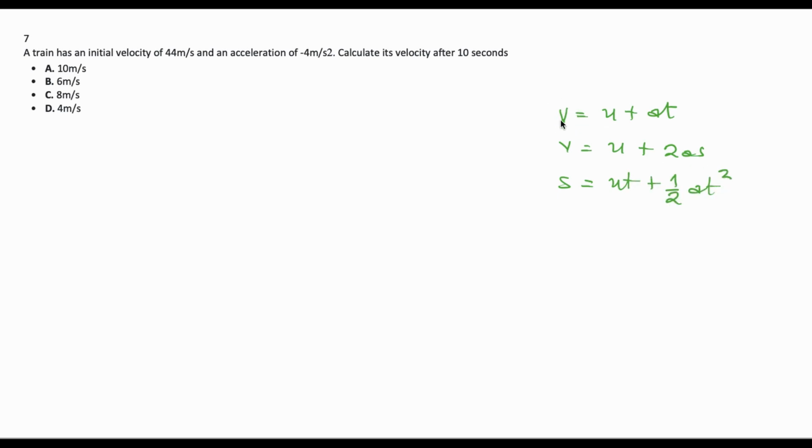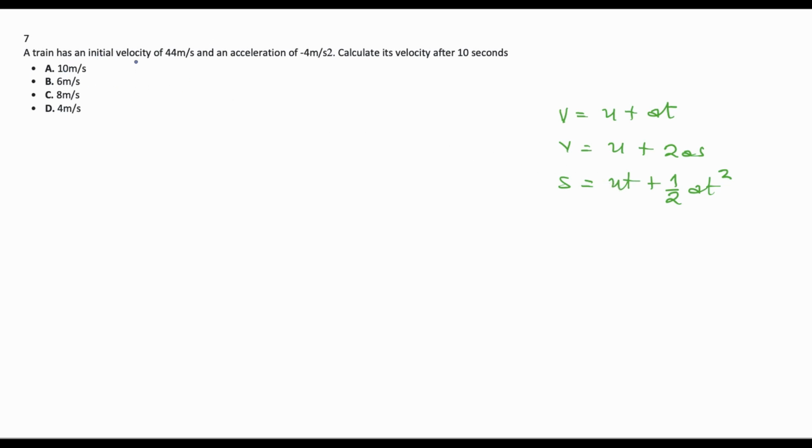Now, V is the final velocity, U is the initial velocity, A is acceleration, T is time, and S is distance. So if you look at your question, you see all the components you have, and then you see which of these equations has all those components as well, and that's going to be your equation.